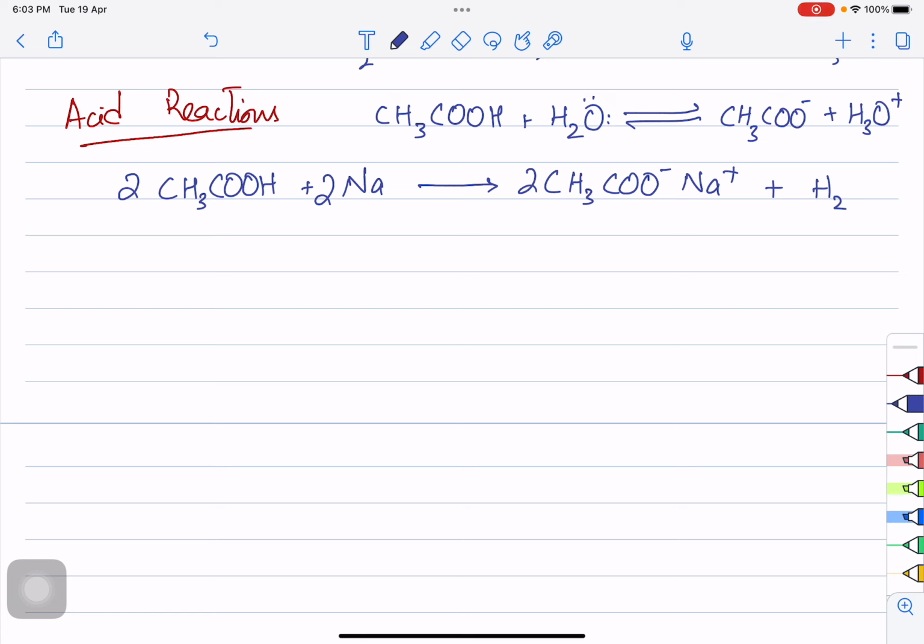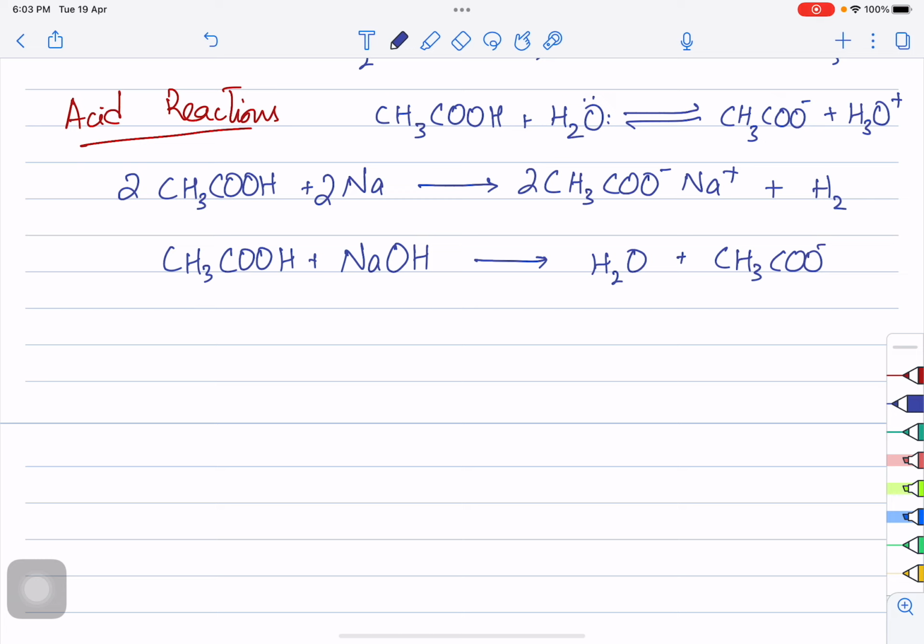That's also acceptable. एक और reaction हमने पढ़ा था that acids react with bases to produce salt and water. So for example with alkali like sodium hydroxide, this will definitely react. This will produce water, neutralization reaction. But I will also get sodium ethanoate again because the H is lost again from here. So this is H positive, so the rest of it will be negative, and I will get sodium ethanoate formed. हमने एक और reaction पढ़ा था कि carbonates के साथ acids give carbon dioxide, and this is no exception.